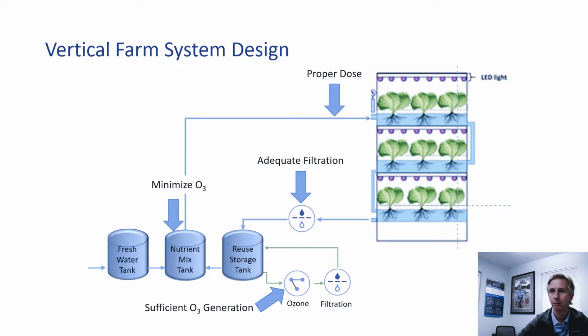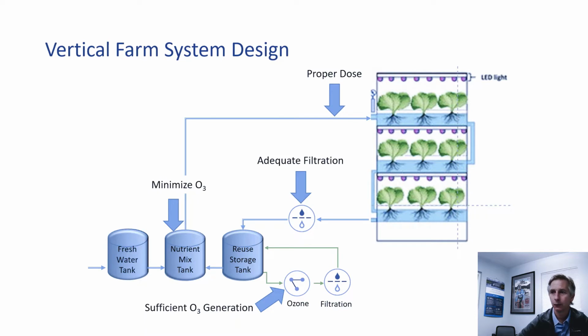All of that BOD will react with ozone, so it's important to remove as much as possible with adequate filtration. It keeps the whole system cleaner, it allows for better disinfection, and the farm can run longer on a growing cycle without having to shut down and go through a physical clean.